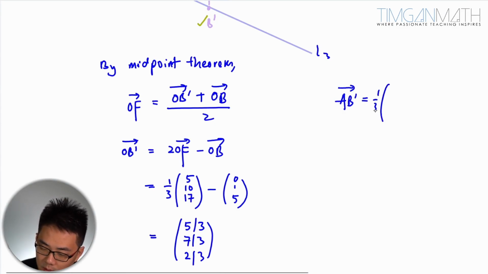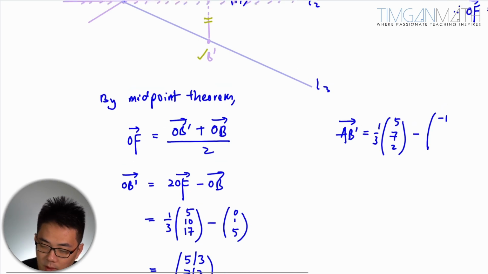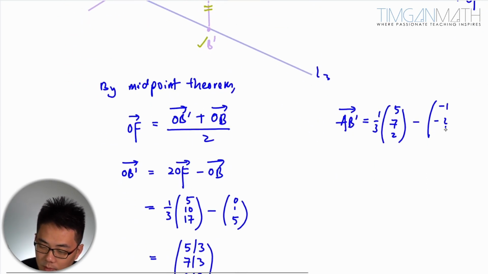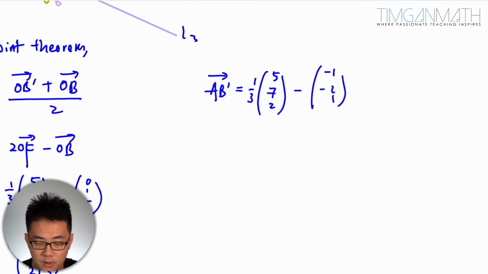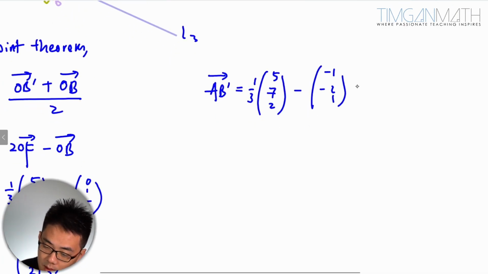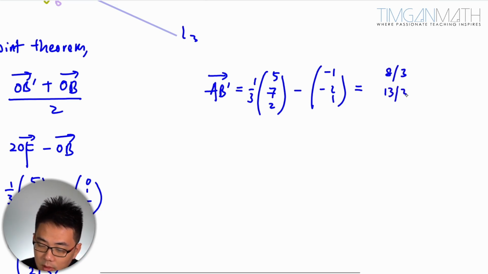It is 1/3 of (5, 7, 10) minus OA, which is -1, -2, 1. Okay, that's about it. 5/3 plus 1 is 8/3. 7/3 plus 2 is 13/3. 2/3 minus 1 is -1/3.